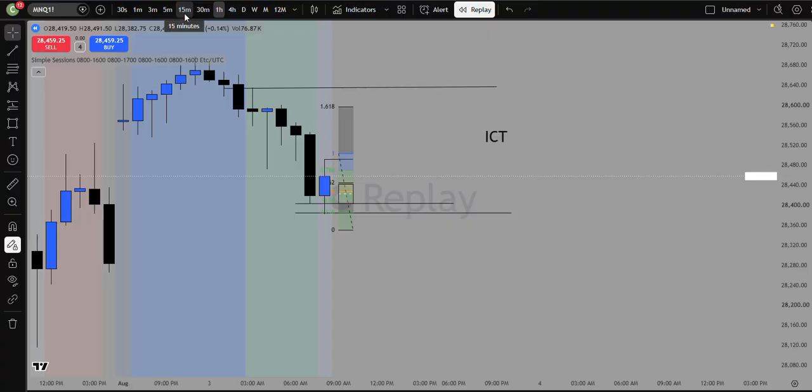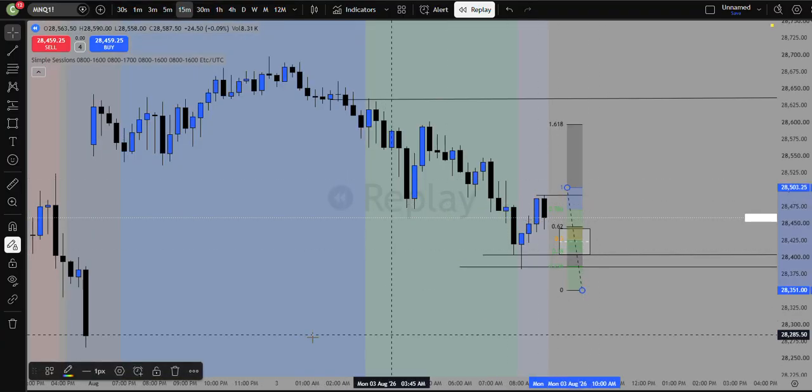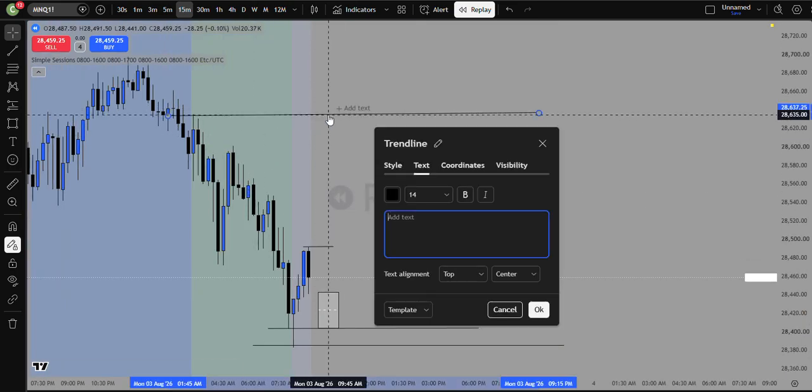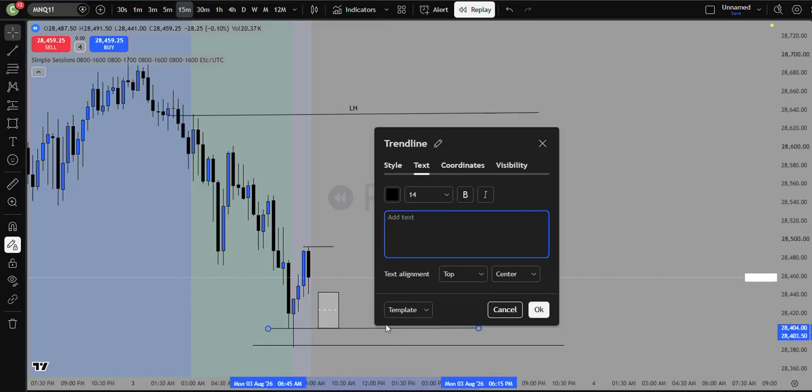I like to go on a 15 minute to identify liquidity zones, liquidity areas. So if we go over here, obviously this is London high. I like to put LH for the London high and L for London low.